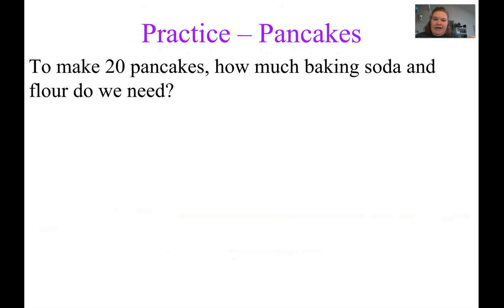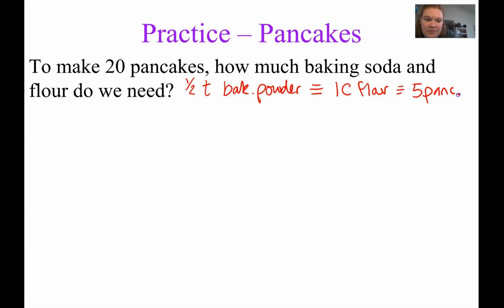So I'm just going to add in here, we'll just put it up here at the top. 1/2 teaspoon of our baking powder is equivalent to 1 cup of flour, which is equivalent to our 5 pancakes. So we can use that relationship. Any of those two together can become a relationship to solve for a missing piece.